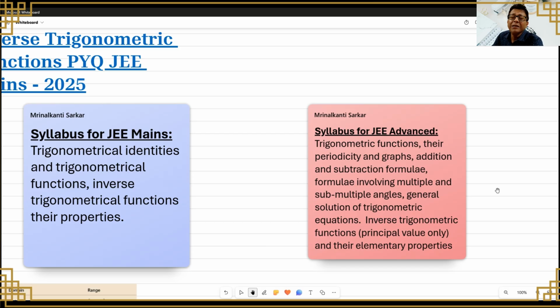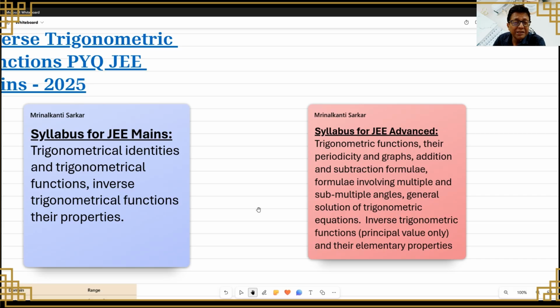If the interval is changing, we can make a simple substitution to bring it back to the principal value branch only. So let us see the problems they have asked in JEE Mains, the kind of sums. Are you able to tackle with the formula given to you before, or do you need to learn something extra?